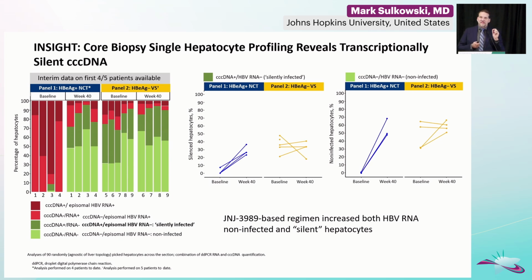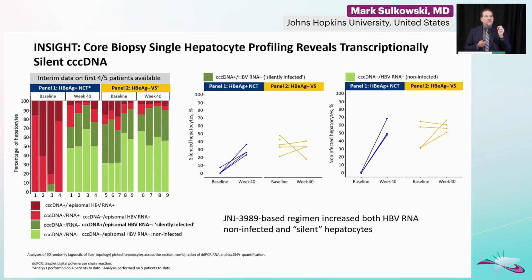But I want to think about these silent hepatocytes as we think about stopping therapy. Can they turn back on? So if all you've done is induce more silencing with an antiviral or some other mechanism to interfere with viral replication, you've induced silencing. I don't understand how that happens, and I think that's an area where we need more research.